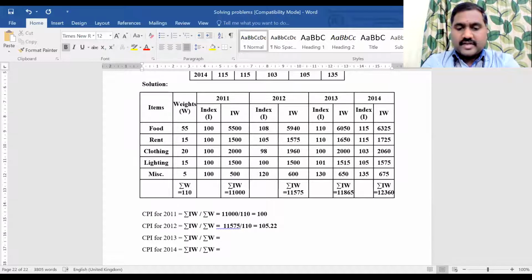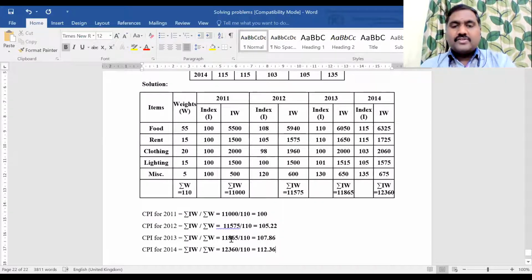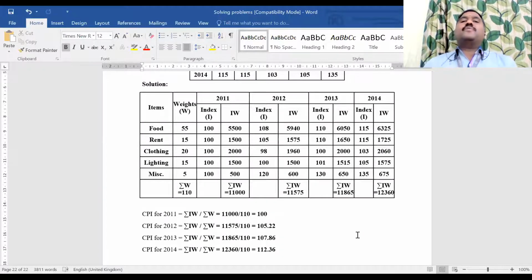And 2013, 11,865 divided by 110, which is equal to 107.86. Then 12,360 divided by 110, which is equal to 112.36. Okay, so this is the answer. So we got the cost of living index number as well as consumer price index number for all the years.